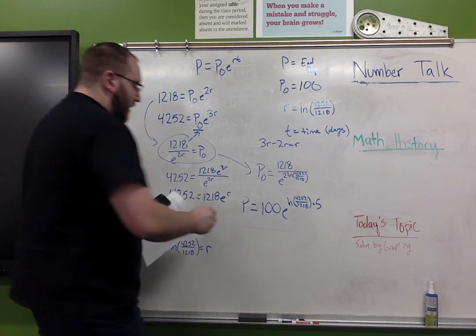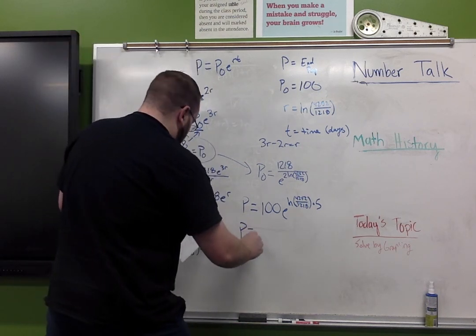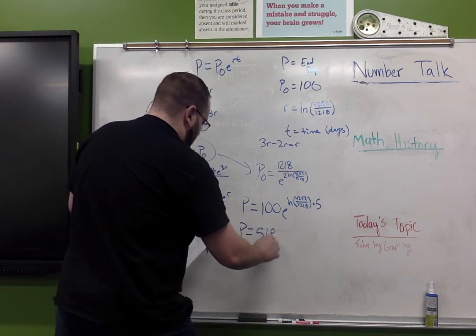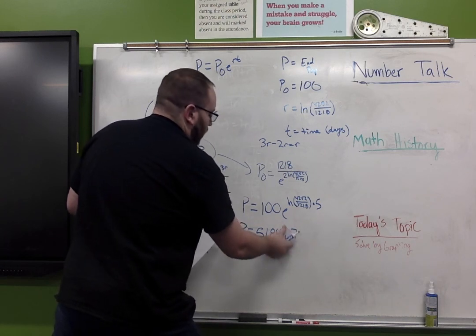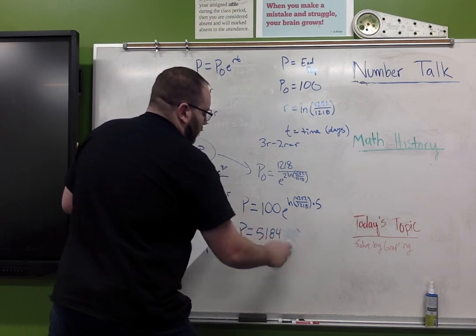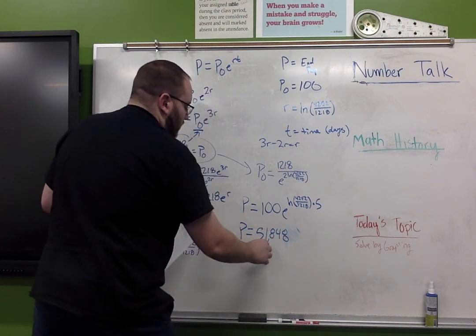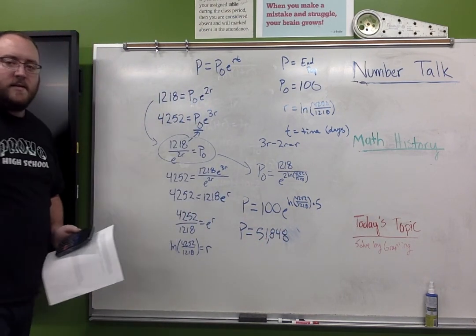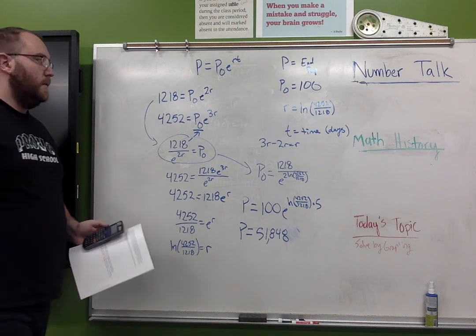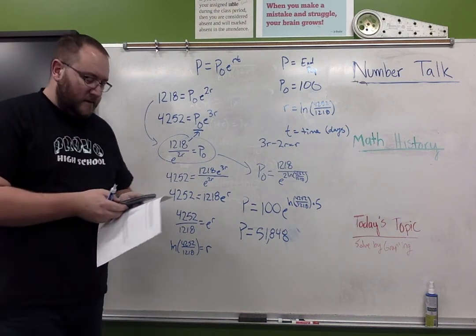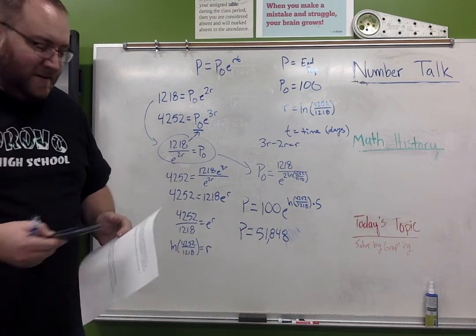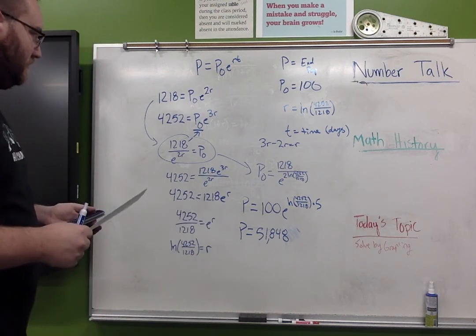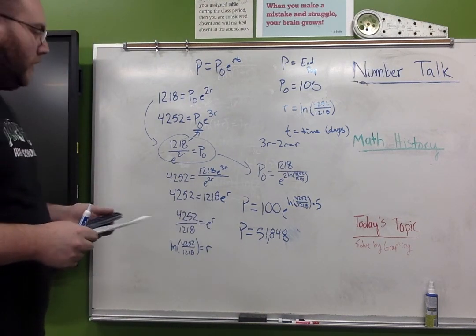So after 5 days, P is equal to 51847.7 flies, but we round up to 8. So 51,848 flies after 5 days. Woo! That's why there's so many fruit flies around, right? I don't know if this is an exact model, but yeah. All right, let's do the last one.